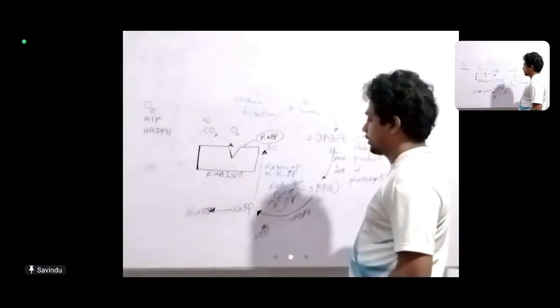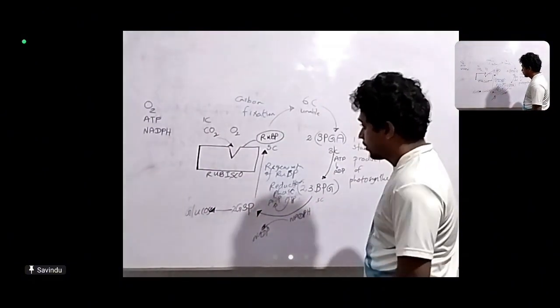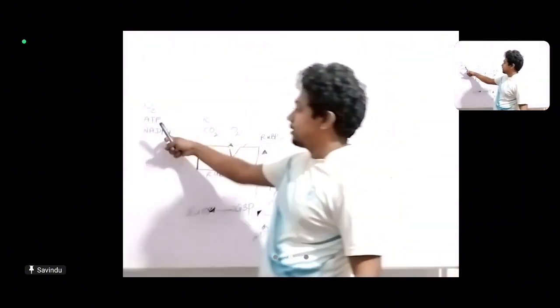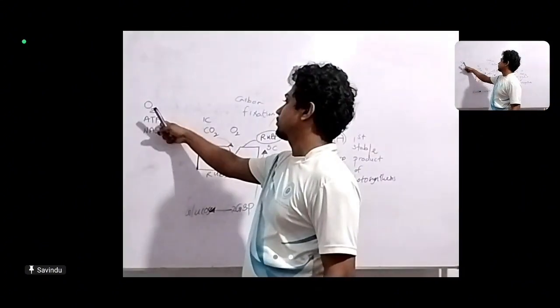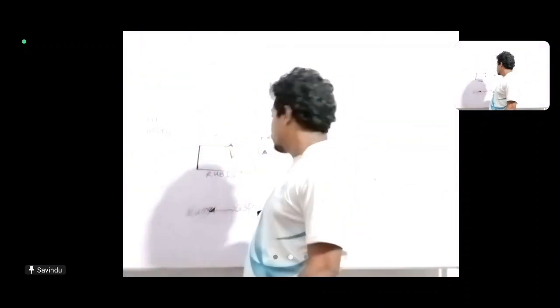So all the NADPH is consumed. All the ATP is also consumed. For what?